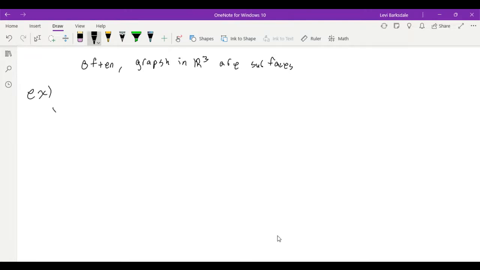If we compare the curve y equals x squared in R2, well, that's going to look something like this. Basically just a curve. But if we look at z equals x squared plus y squared, which is pretty similar, we still have this basic square.